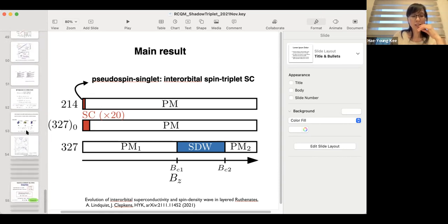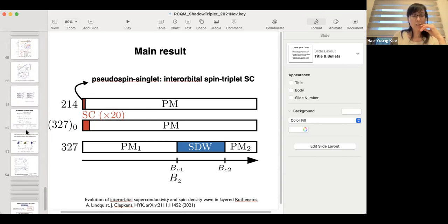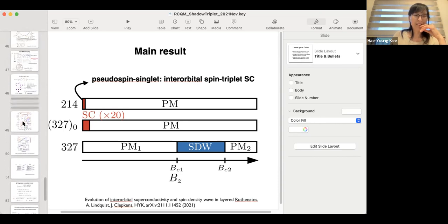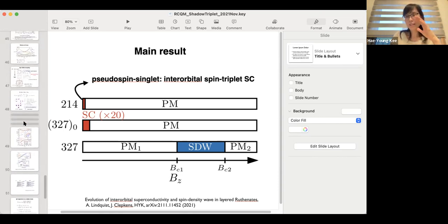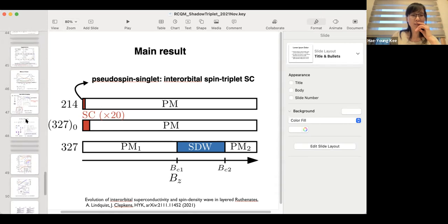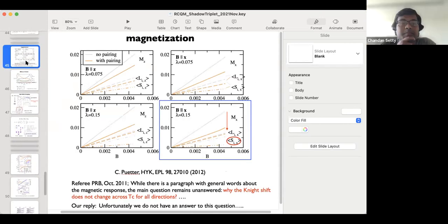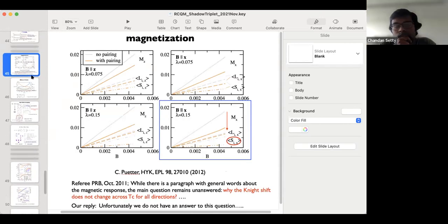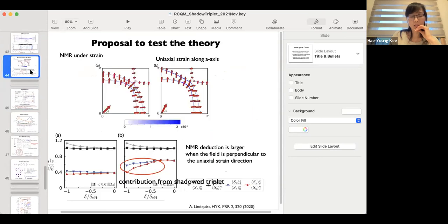And then one can see that, I'm trying to find my slide, sorry about that. One can see that it drops in both cases. Oh, it drops in both cases. Yes, this is an earlier one, but we had done the calculation. Here we go. So this is the proposal. It's a test that we would like to do, but you can actually see that. These are the underlying D vectors.